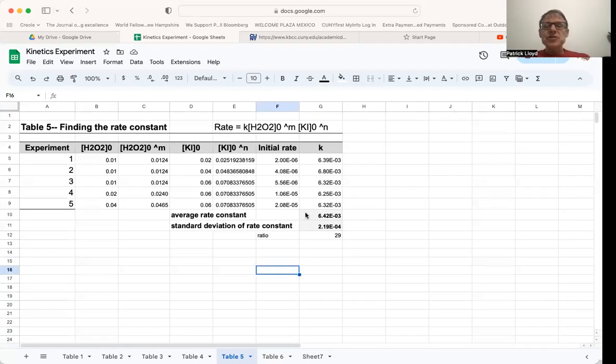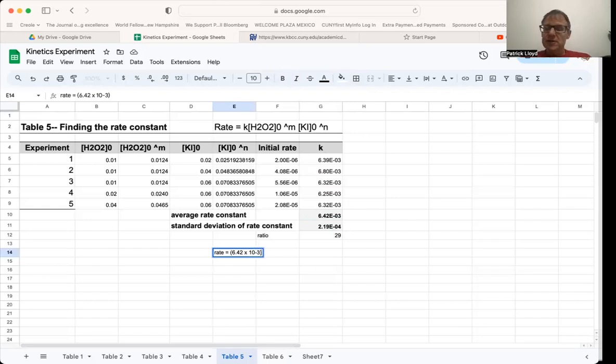All right, so there you go. There's your table. So now what we would do is say, hey, we know the rate law. The rate would be, I'm going to put in parentheses, 6.42 times 10 to the minus 3, so that's your K, times the concentration of H2O2 raised to the, now you can put 0.95, but at this stage, you could just say, hey, look, it's to the first power.